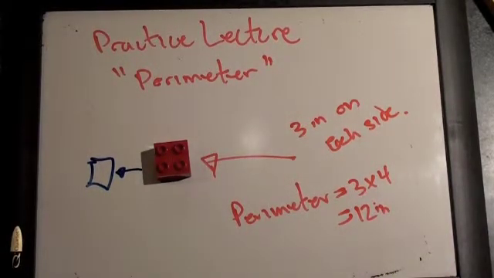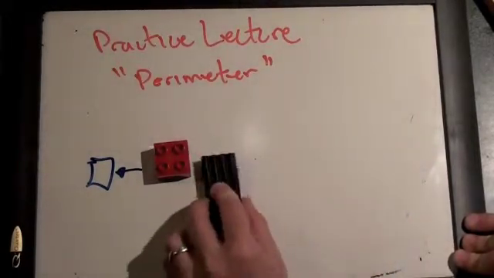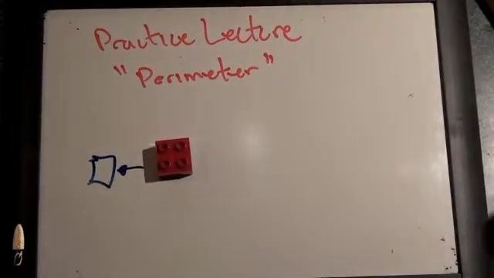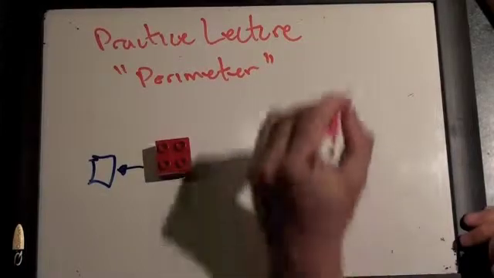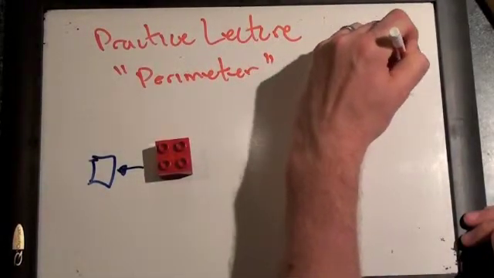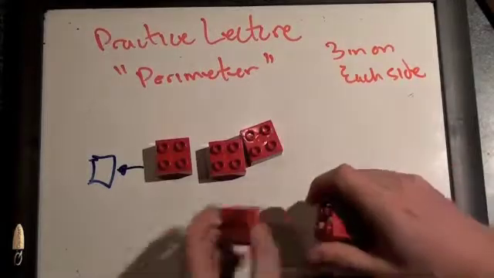Okay, so now let's do some trickier perimeter problems. We're going to say the same thing. These red squares have 3 inches on each side. But now we're going to make out of these squares a bigger square.